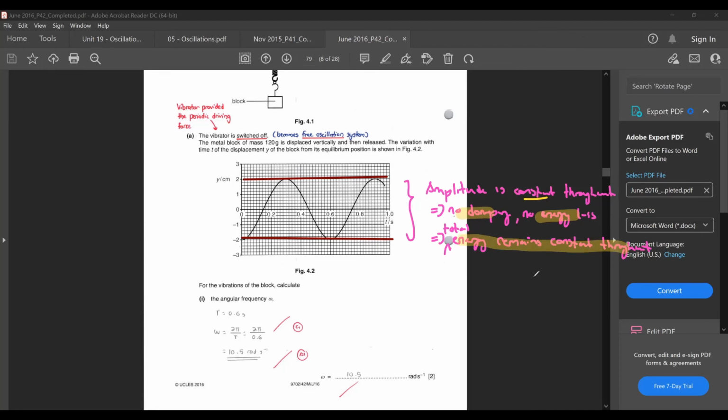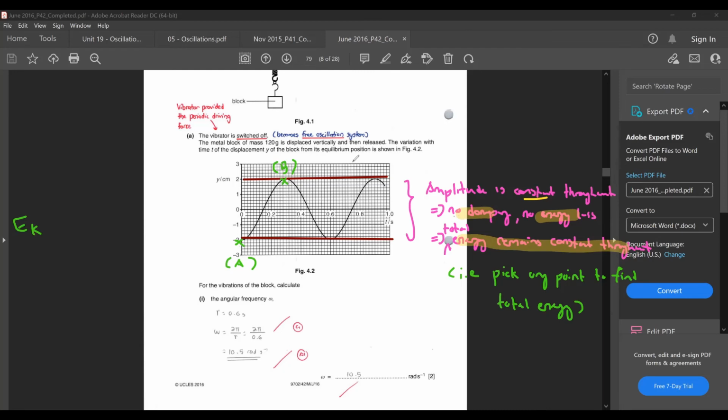So you can just pick any point to find the total energy. Since the total energy remains constant anyway, you don't need to go and see what suitable point to pick. You could pick this point A, or you can pick this point B.